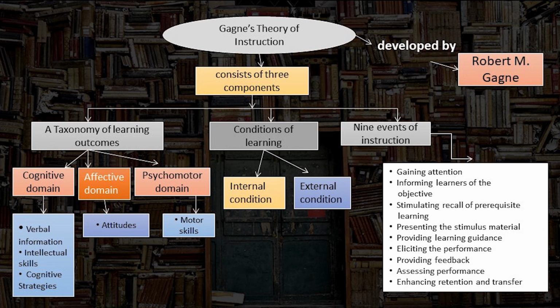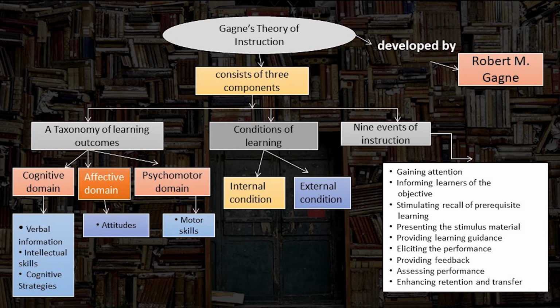Coming to the affective domain, we can term it as attitudes. And coming to the psychomotor domain, we term the learning outcome as motor skills. This is the taxonomy of learning outcomes happening in the 3 domains.